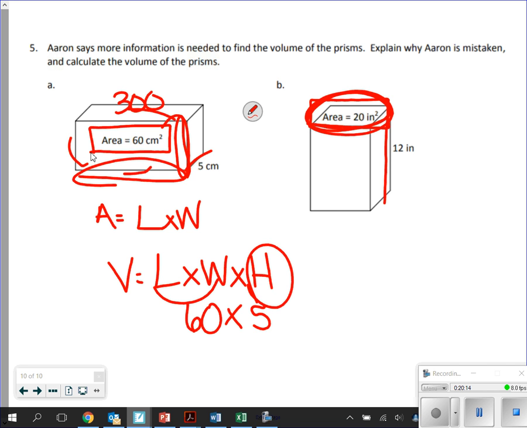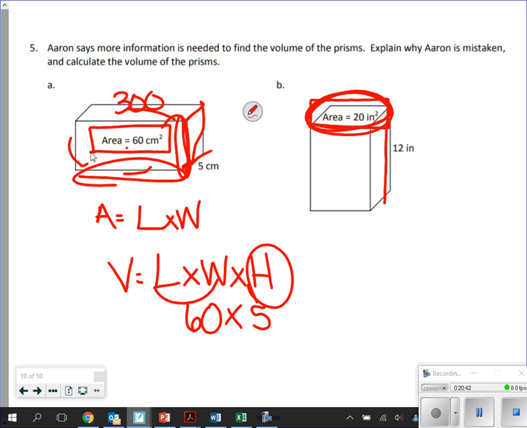So can we figure out the volume of the entire shape? Yes. Because the sides are squares. It doesn't matter. Because if this is 5, this is 5, this is 5, this is 5. All of the sides are the same size anyway. Because the sides are squares. Yeah? No? Maybe? Yes.